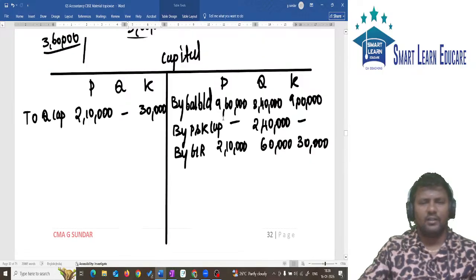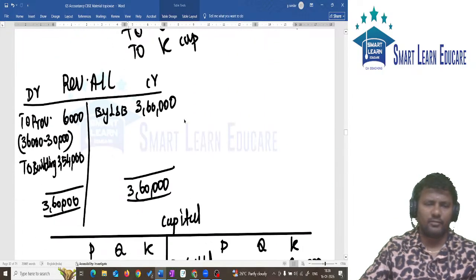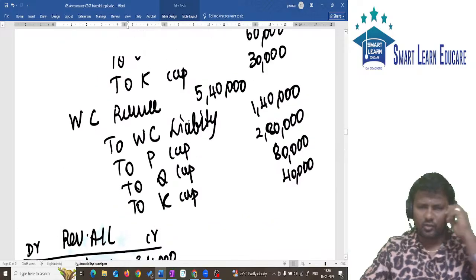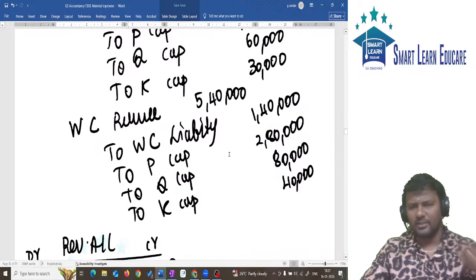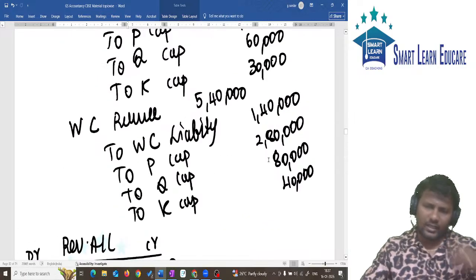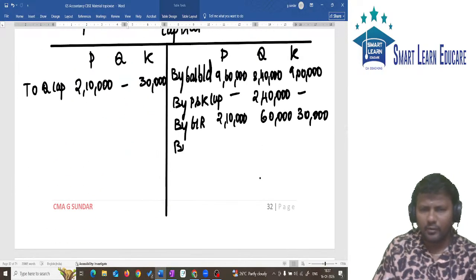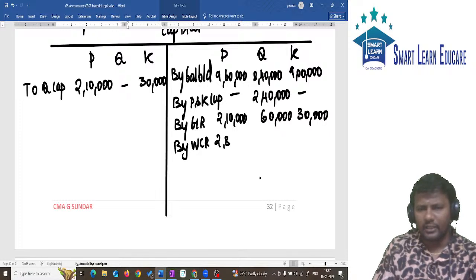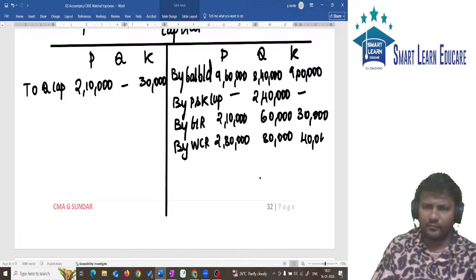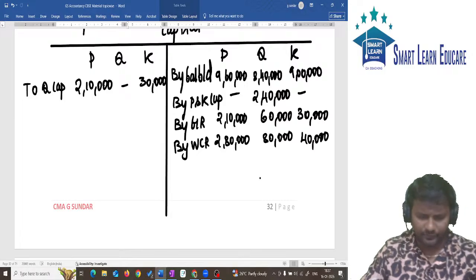Next, reserve over. Next, revaluation. In revaluation there is no profit, no loss. Workman compensation reserve we have 2,80,000, 80,000 and 40,000. The reserve is also transferred.